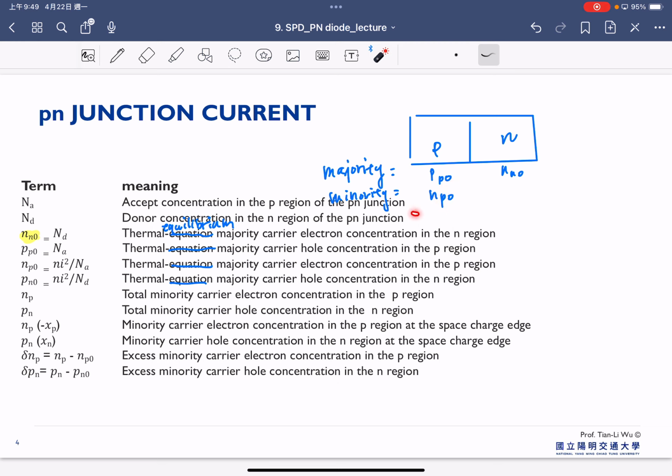That's a minority carrier in the P region, and we also have the minority carrier in the N region. So that's where the definitions come from.